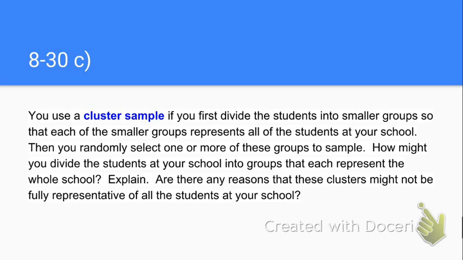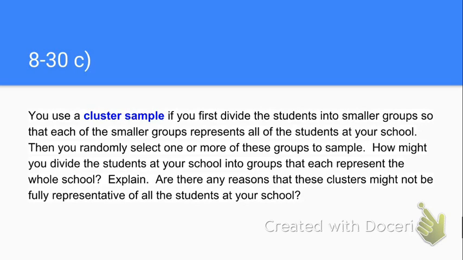Now, are there reasons that these clusters might not be fully representative of all the students at your school? Always. There are so many things that make us all unique and different from one another. And while there are many things that make us the same, when you're trying to create a cluster, it's nearly impossible to account for all the things that make us different.